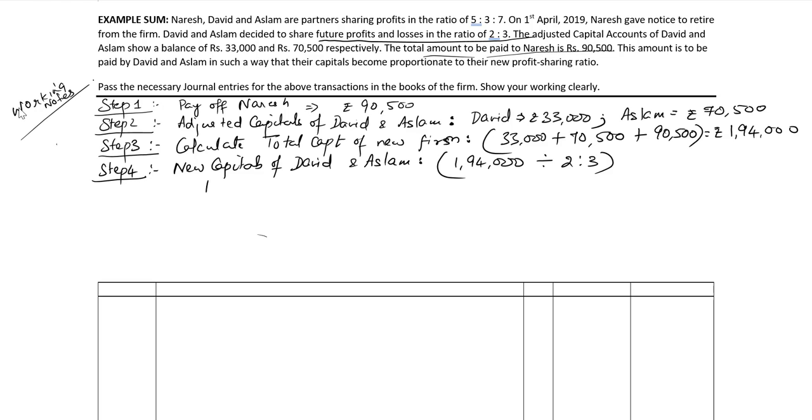So we get, in the case of David, rupees 77,600, and in the case of Aslam, rupees 1,16,400.